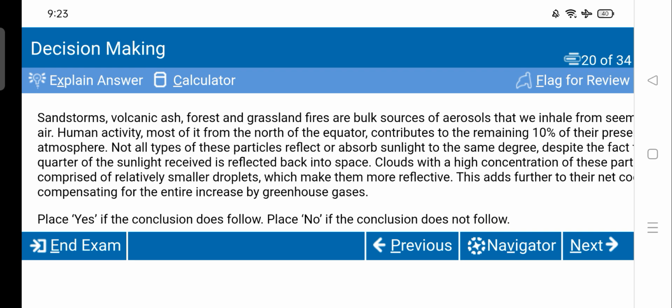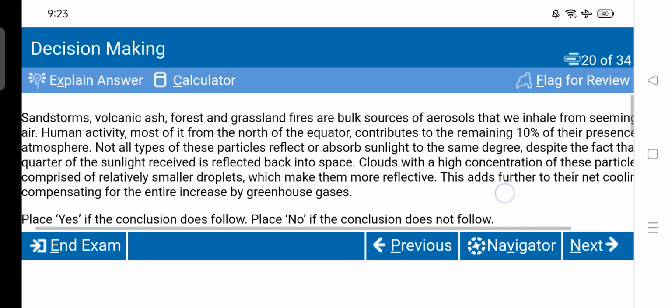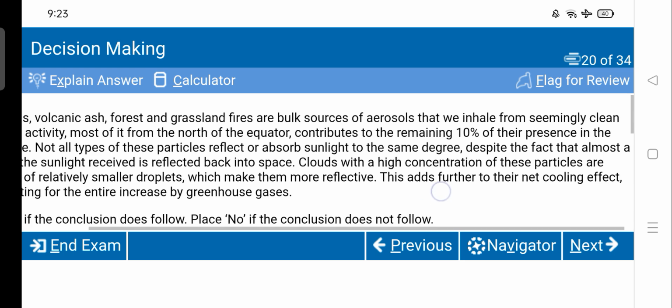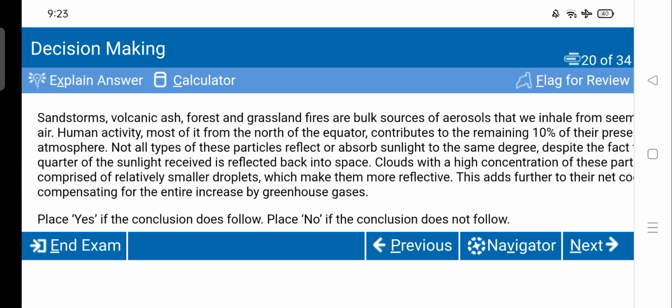Not all types of these particles reflect or absorb sunlight to the same degree. Despite the fact that almost a quarter of the sunlight received is reflected back into space.